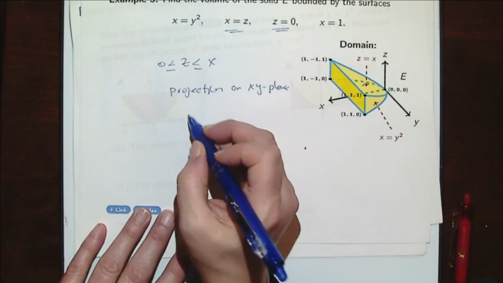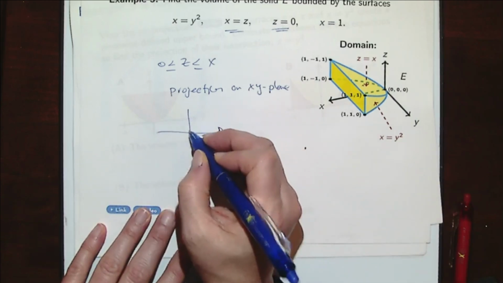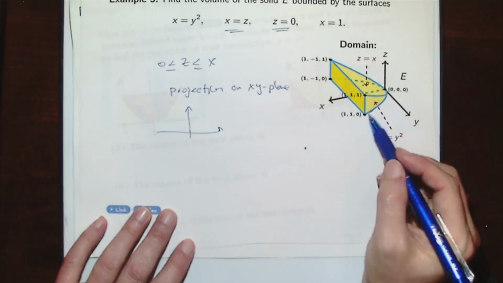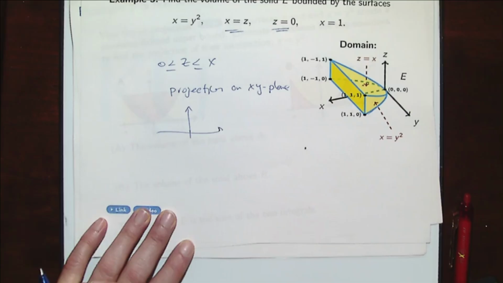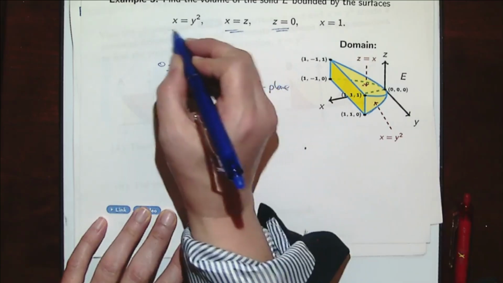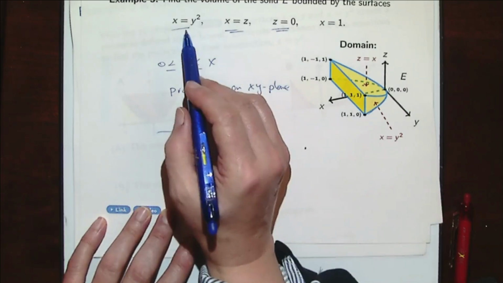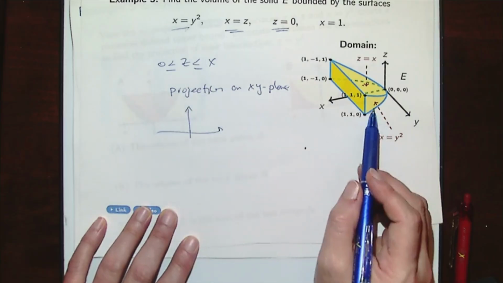Projection on the xy plane looks like this. What is this shape? It's just x equal to y squared, right? Because there's no z. If I set z equal to 0, I still get that.